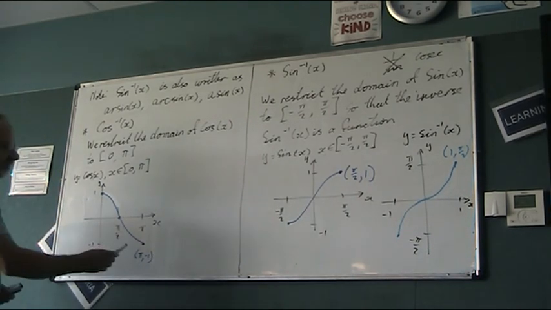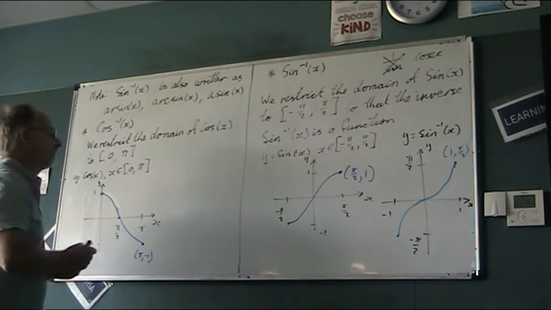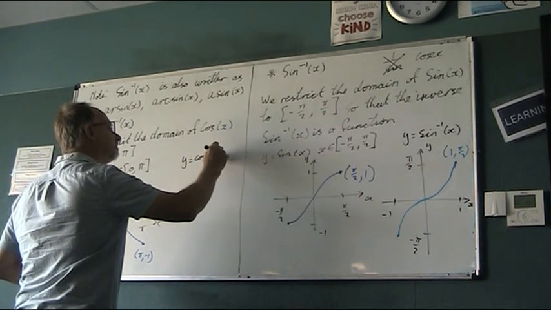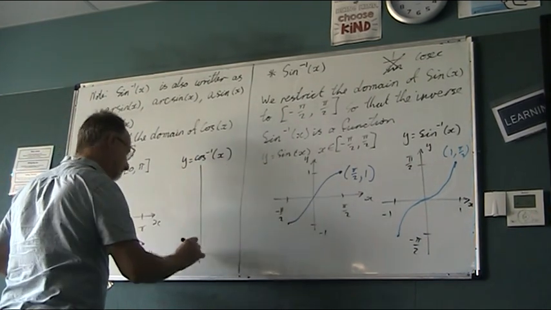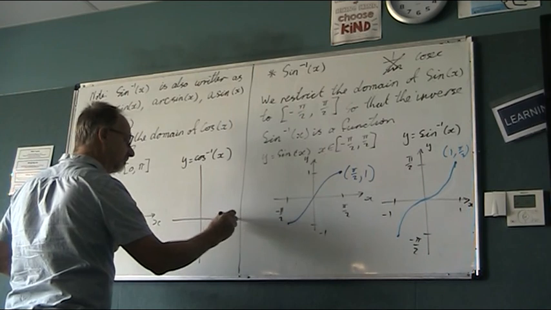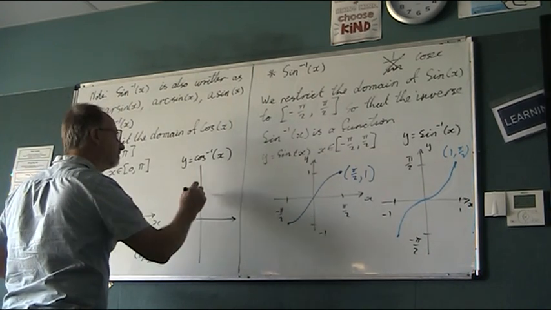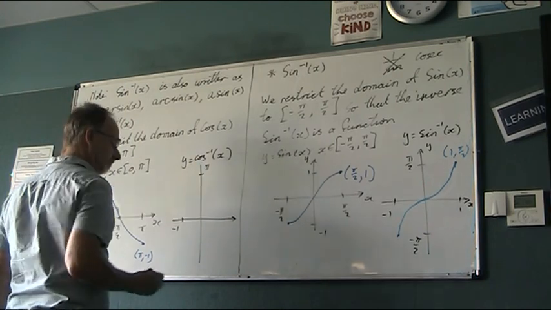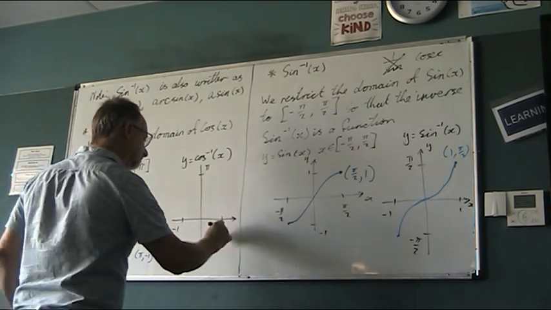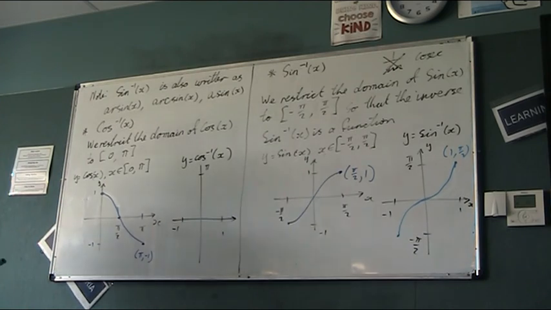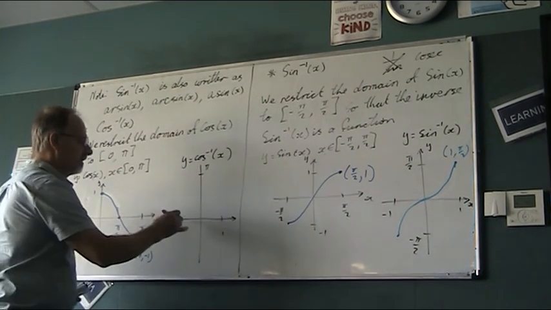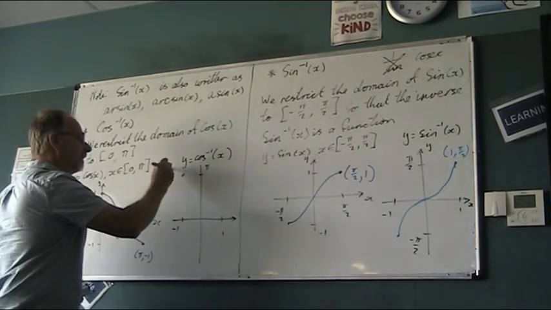So when we reflect this point, pi and -1, it's now -1 and pi.